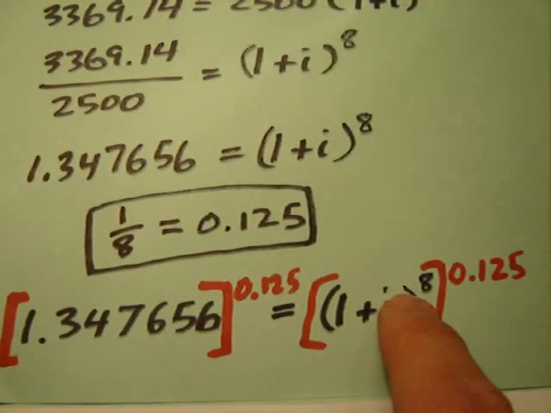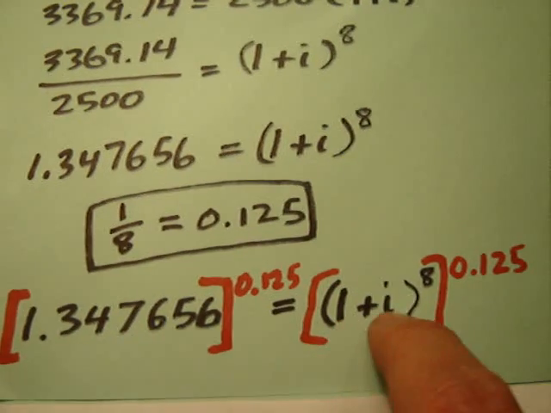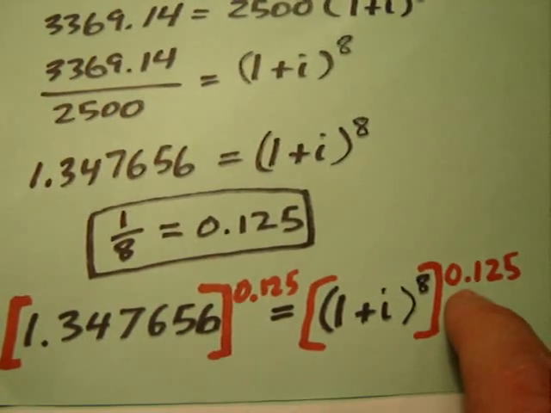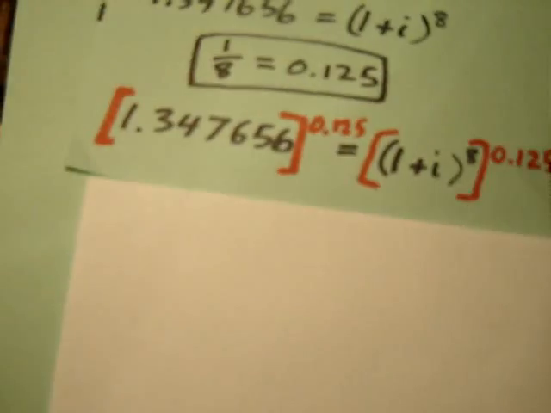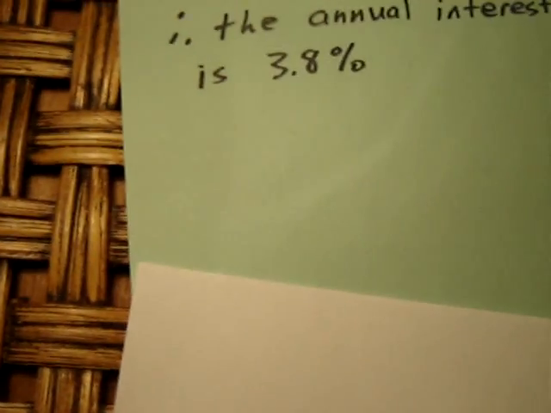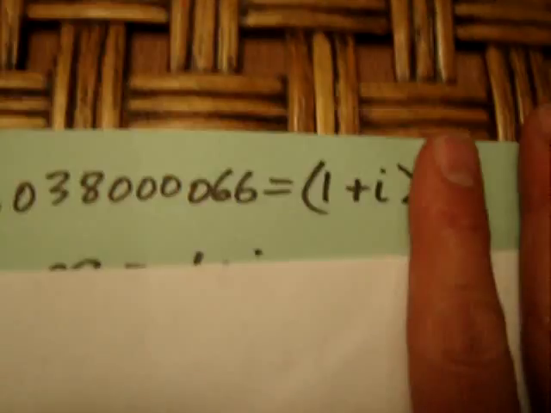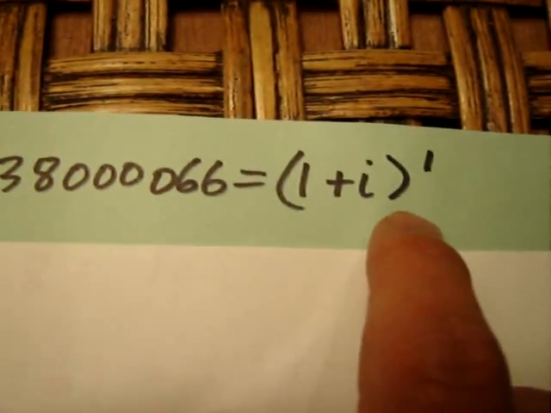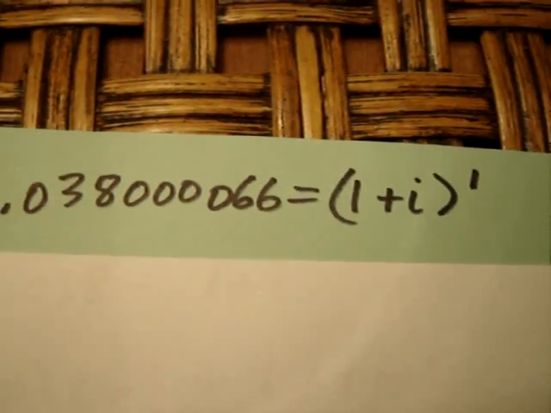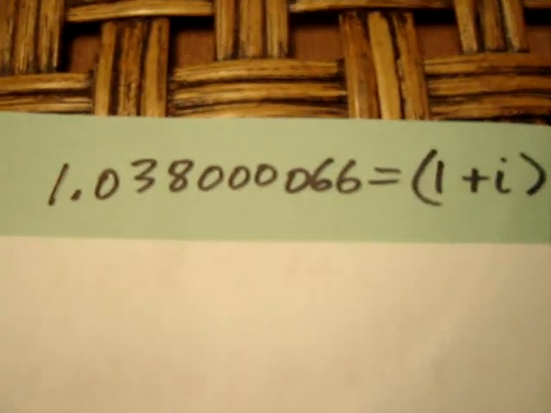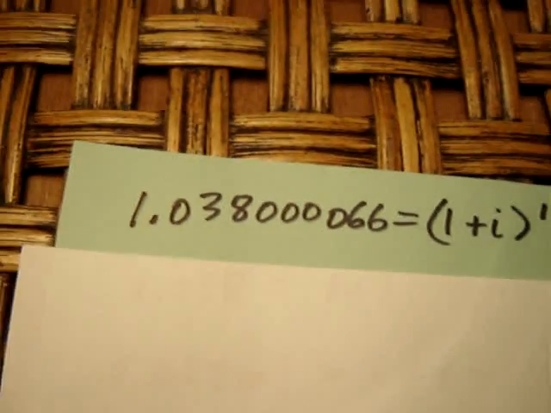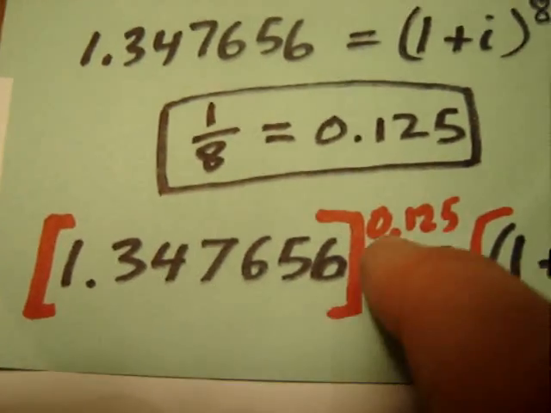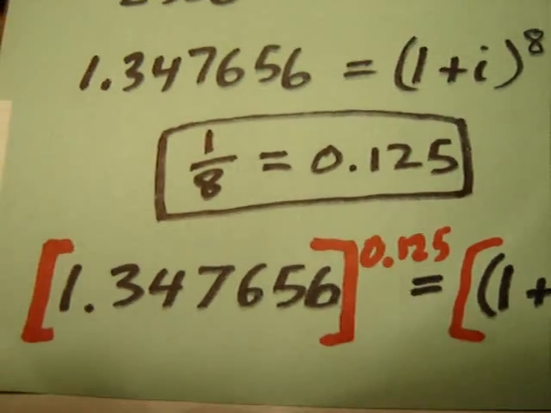Well, using our power rule, we see that in this situation, we multiply exponents. 8 times 0.125 equals 1. So I'm able to say that the new exponent on the right-hand side is 1. Well, while I'm doing that, I should also figure out what 1.347656 to the exponent 0.125 equals.